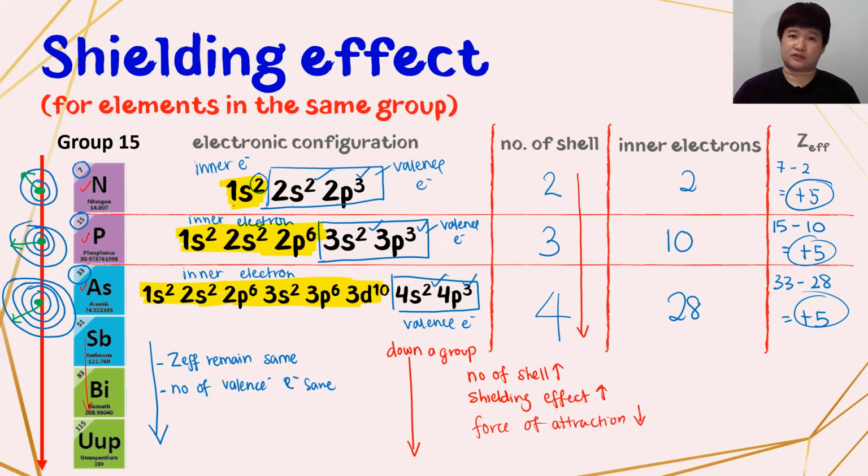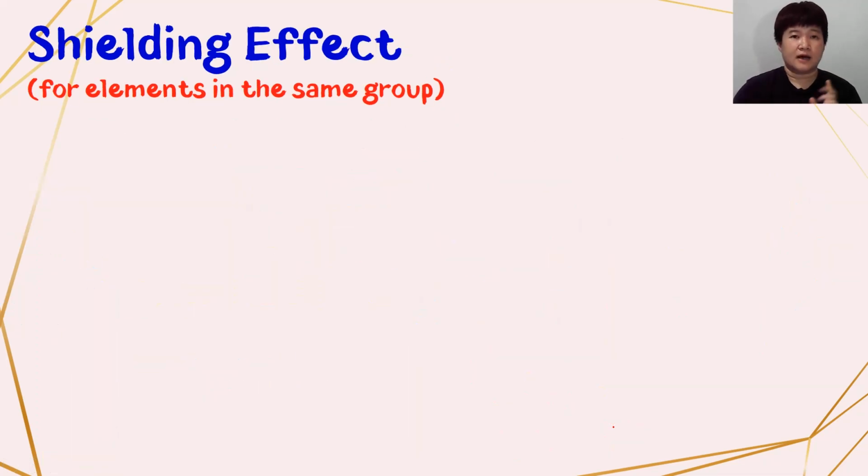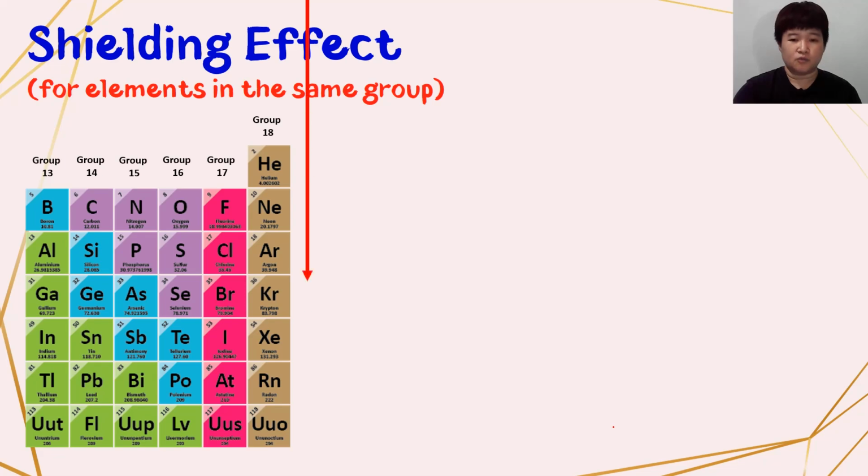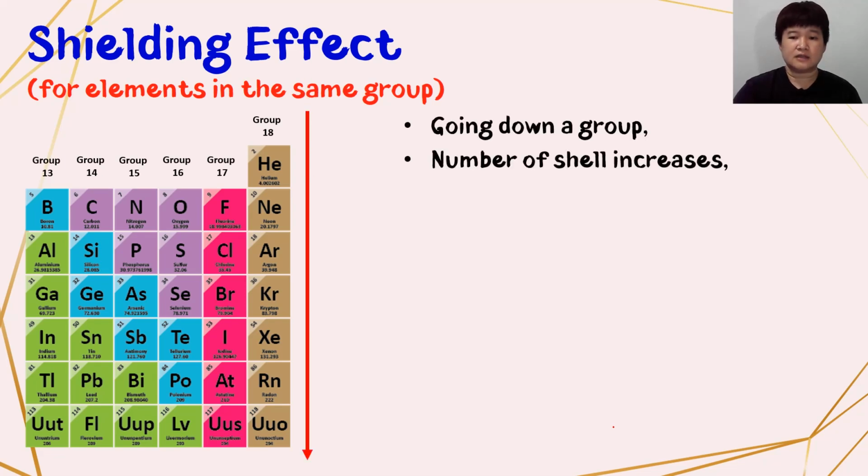When the force of attraction decreases, the valence electron will be very far away from the nucleus and the atomic radii will increase. That's why when you go down the group, the size of the atom becomes bigger. And the conclusion is, when you go down a group, the number of shells increases.